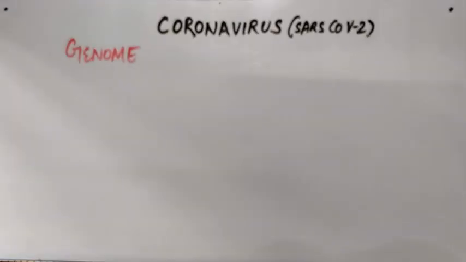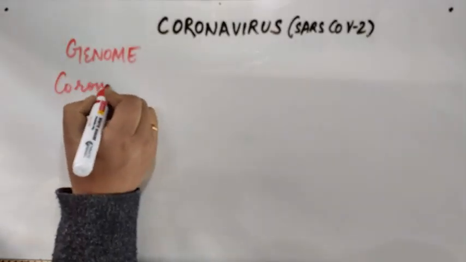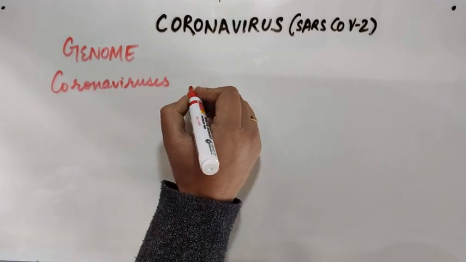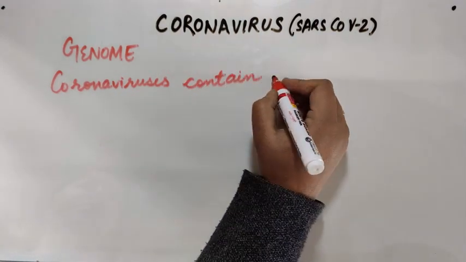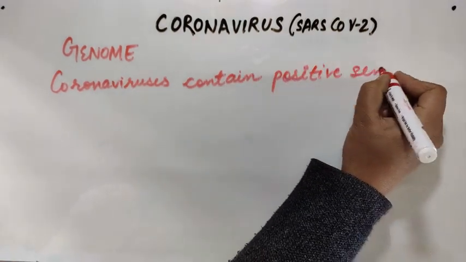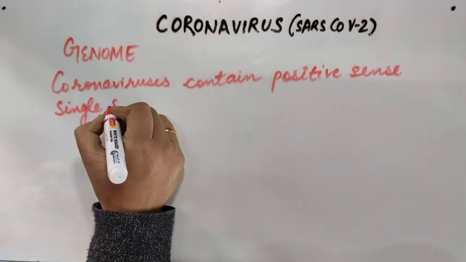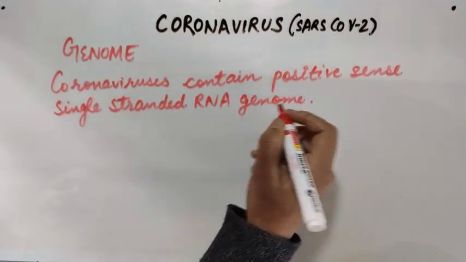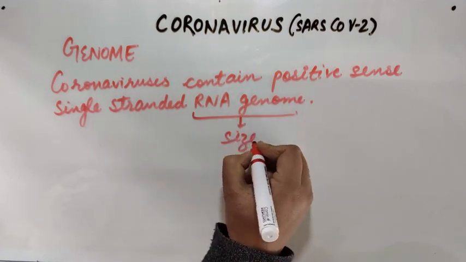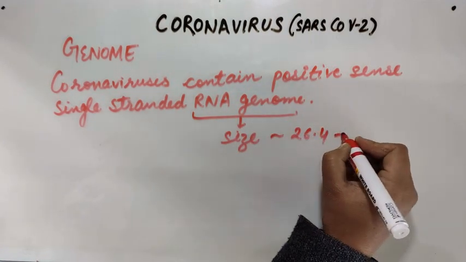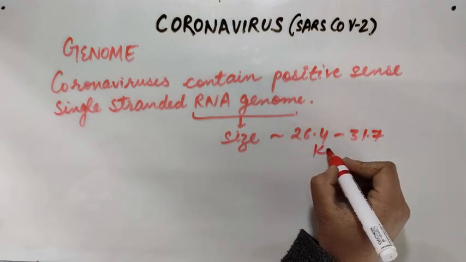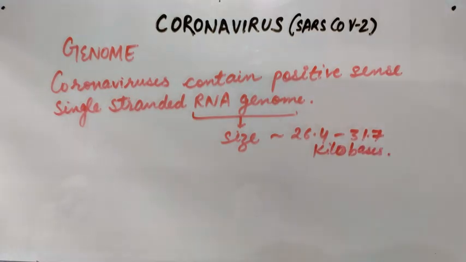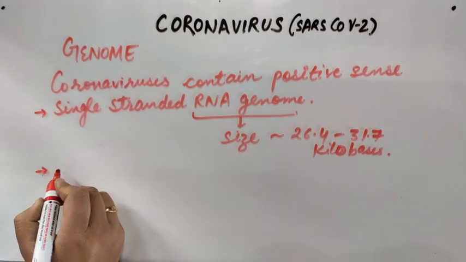Let us study the genome of SARS coronavirus 2. Genome means genetic material of an organism. Coronavirus 2 contains a positive sense single-stranded RNA genome, the size of which varies approximately between 26.4 to 31.7 kilobases.